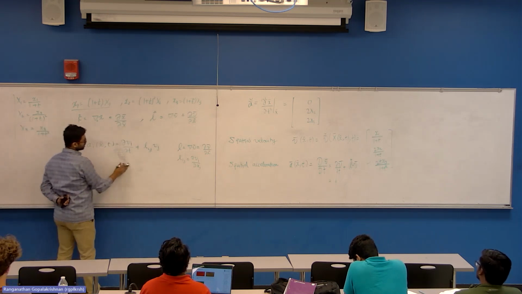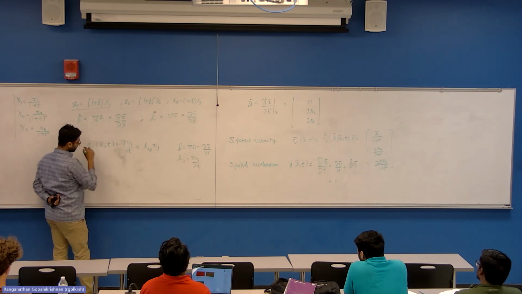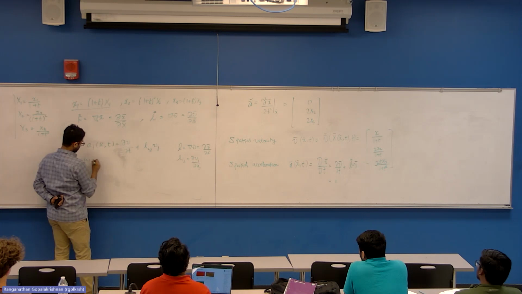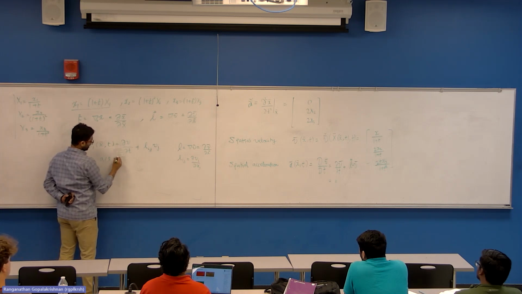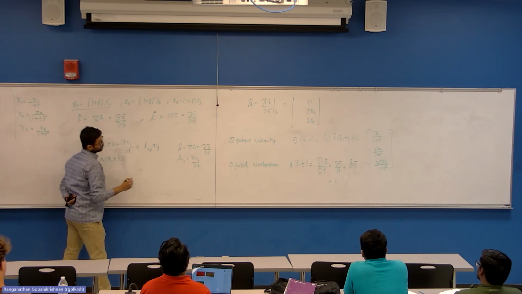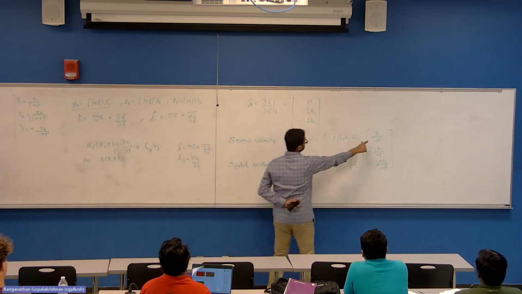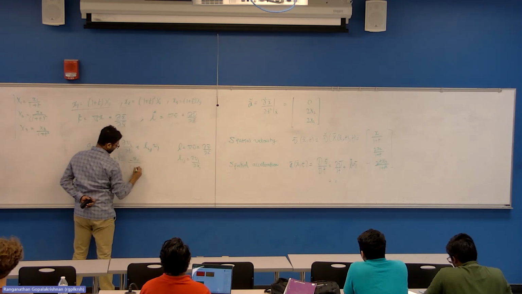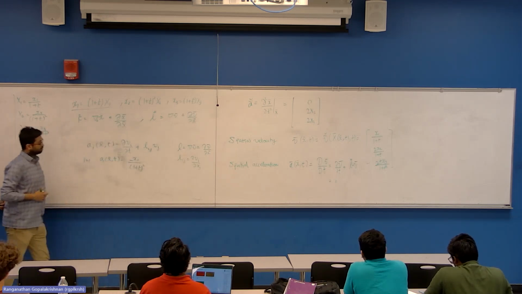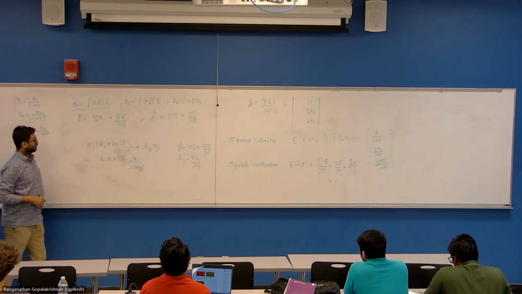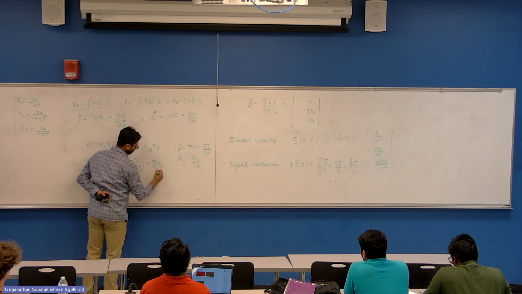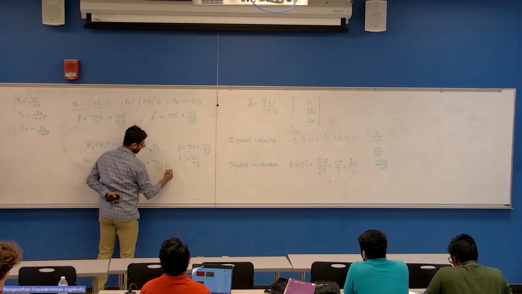Okay, so if I write A1, I say i equal to 1, A1 of x comma t is, what is the time derivative of V1? V1 is x1 over 1 plus t. The derivative of that would be minus x1 divided by (1 plus t) squared. And then for clarity, I'm going to write this as partial V1 over partial x_j multiplied by V_j.